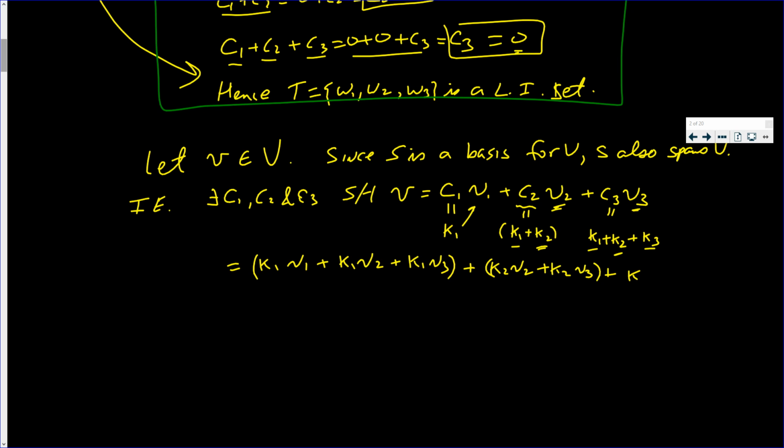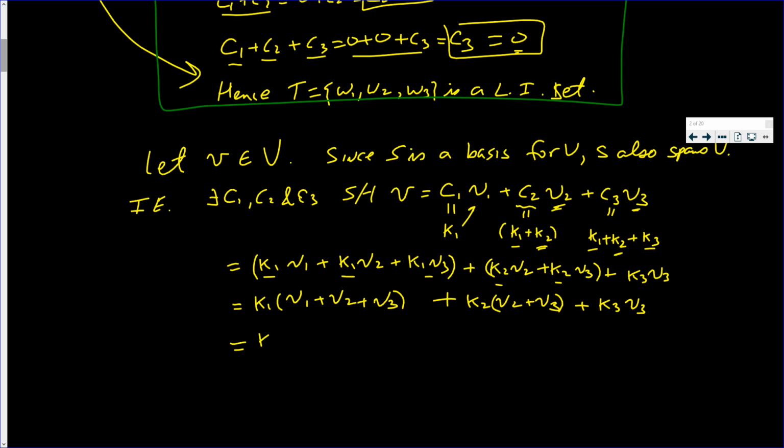plus K3 V3. So this becomes, factoring out the K1, K1 times (V1 plus V2 plus V3), plus I factor out the K2, this is (V2 plus V3), and this is just K3 V3.